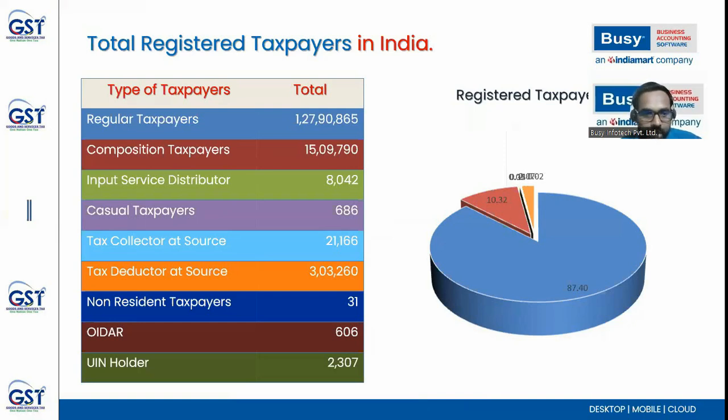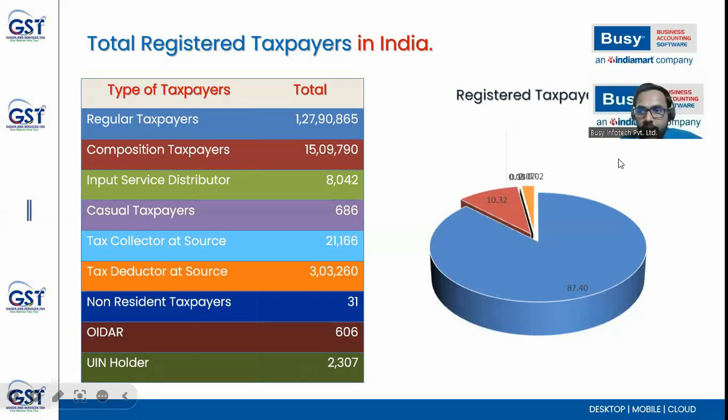Casual taxpayers 686. And TCS, tax collector at source, was 21,166. And tax deducted at source, TDS payer, was 3,03,260. Non-resident taxpayer was 31. And OIDAR, it was 606. And similarly UIN holder, it is 2,307.